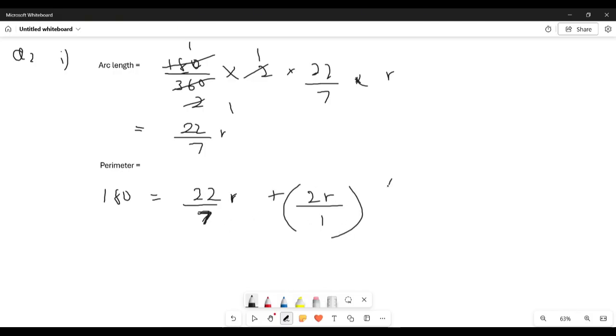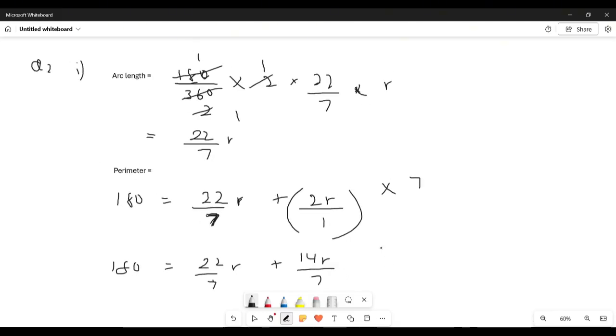You can just multiply this whole thing by 7, right? So our final output should come as 22 over 7r plus what? 2 times 7 is 14r over 7.